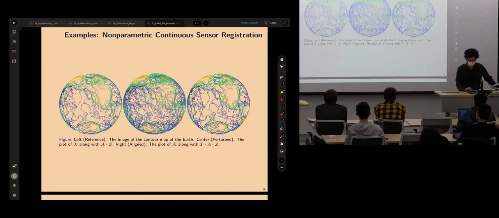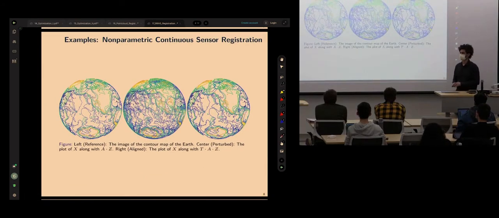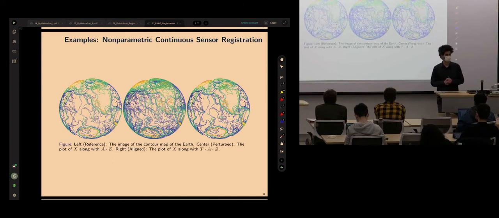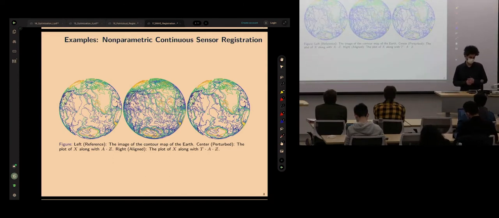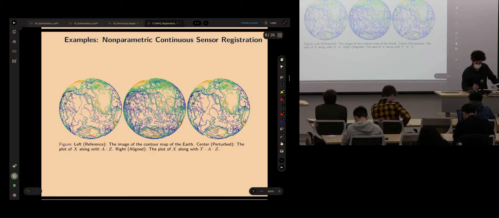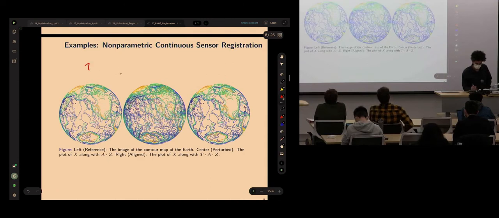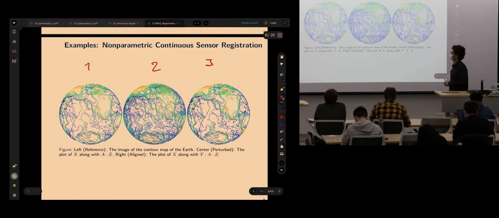A more interesting example, imagine I have images of a planet, which we can get from satellite imagery. I want to register these images to reconstruct maybe certain maps. The colors could be height or some other properties. So in this example, we're getting the map of Earth, and the first one is some contour map on Earth.